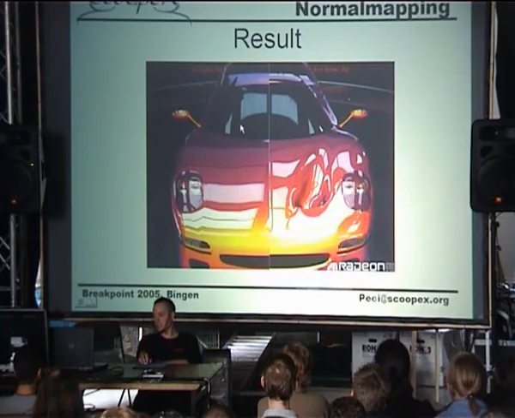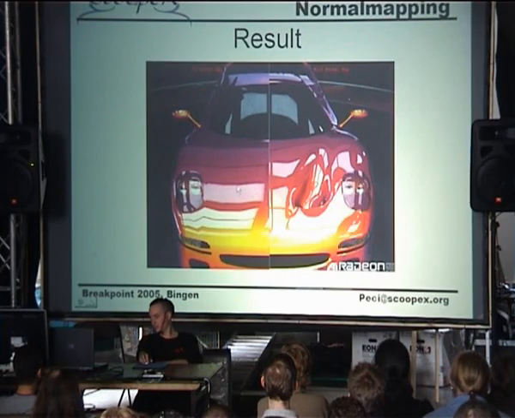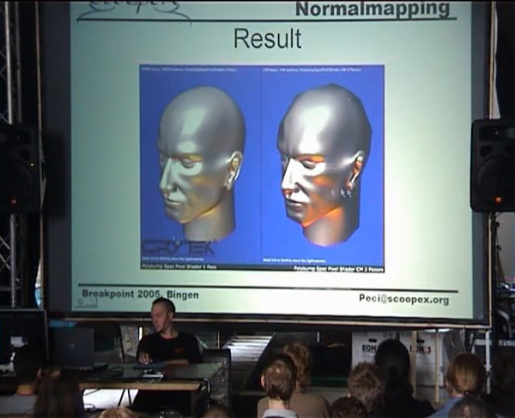At the end I want to show some things I have from the web. This is from ATI, where you see on the left without normal mapping and on the right with. So the whole thing here is just in the normal map. And there is a second example which shows it exactly, I think.